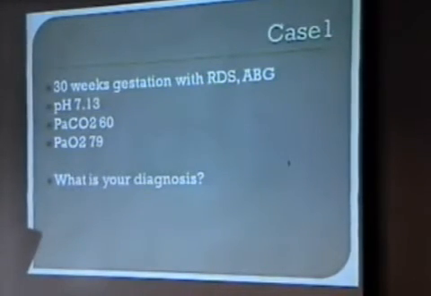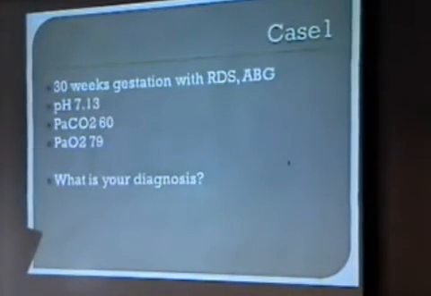Okay, so now CO2 is high. If you ventilate the baby and bring the CO2 down to 40, what would the pH be? From 60, you'll bring it down to 40. Each 10 will change the pH by 0.08, so by bringing it down 20, you will increase the pH by 0.16.